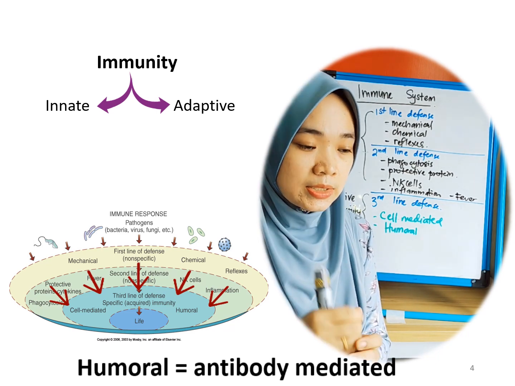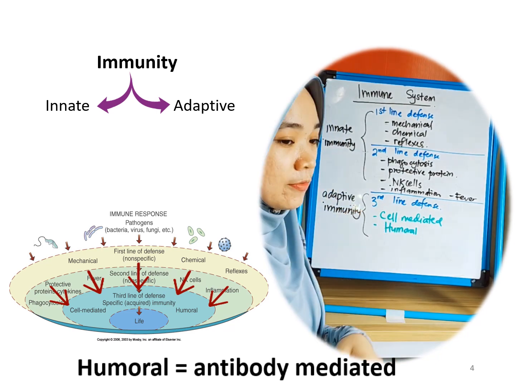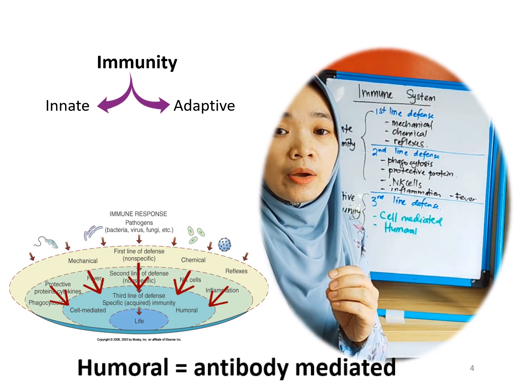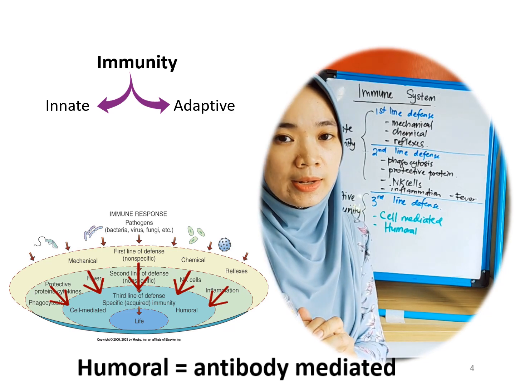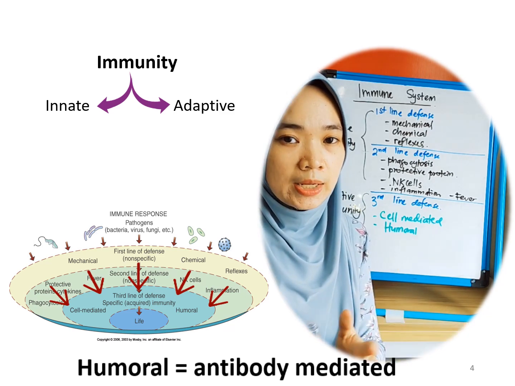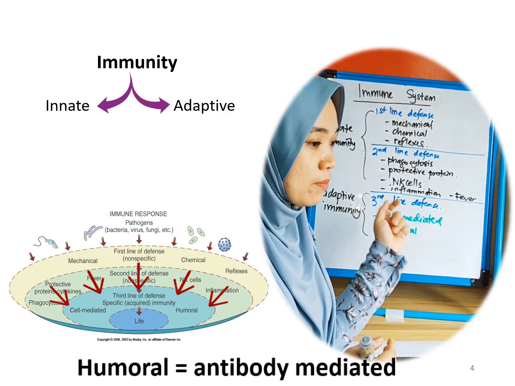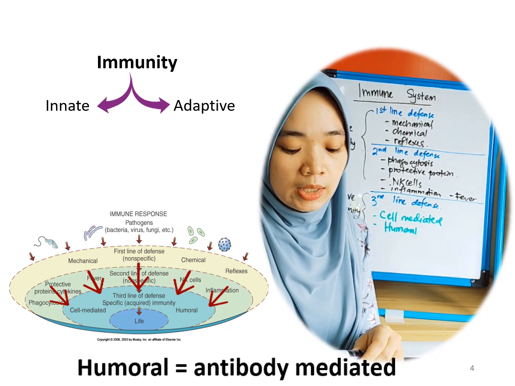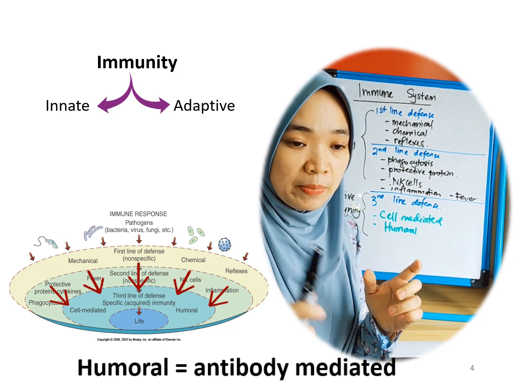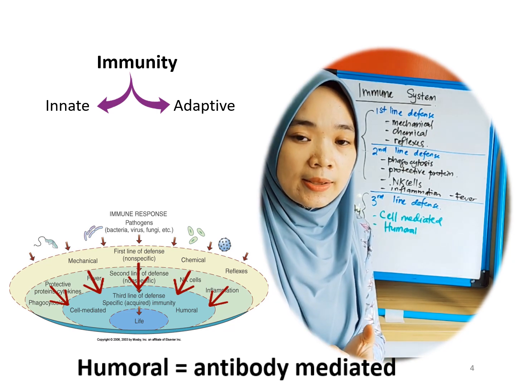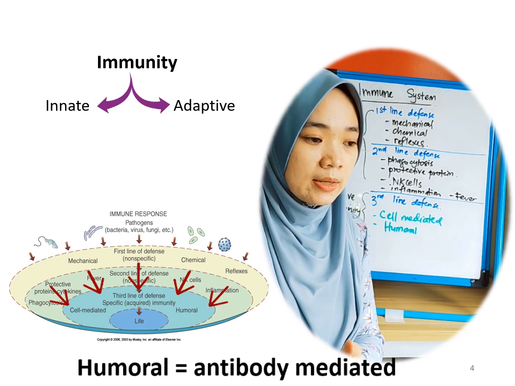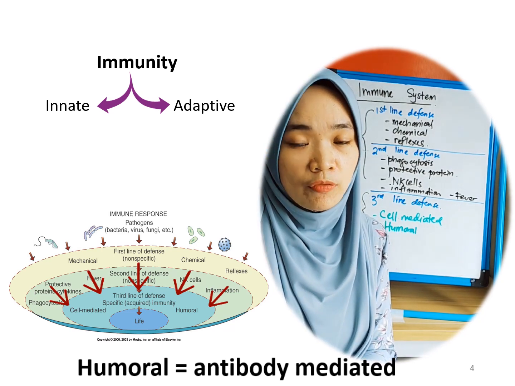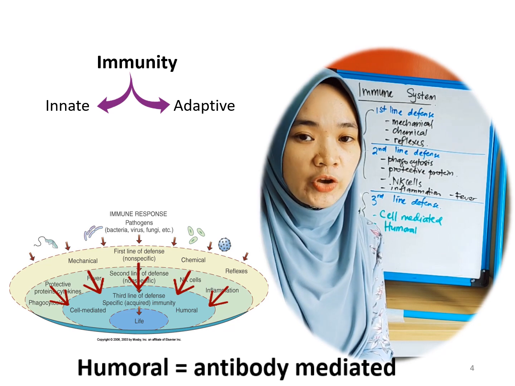Okay, that's why the name is adaptive. They need to recognize the pathogen first, then they will activate to kill the bacteria. So this is very important, the final defense in our body, so that the very harmful pathogen that is life threatening to us will not take over the body and finally kill us.